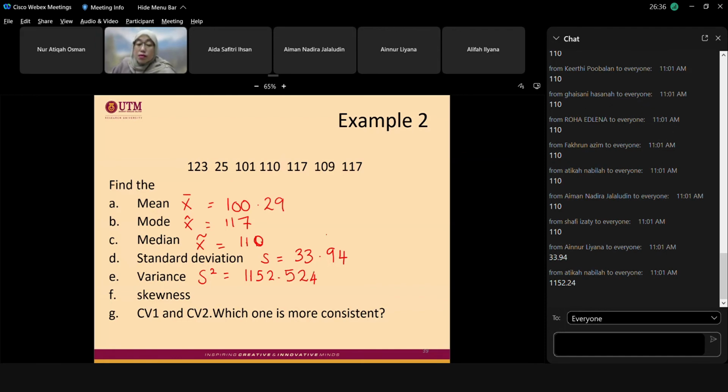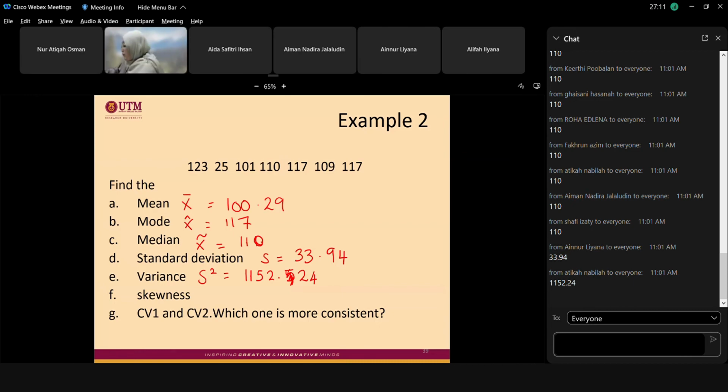All right, so I really hope that you can also get the same answer as your friends. But for your information, you can get the answer at the very end of the chapter, on page 42. So you can check whether your answer is correct or not.